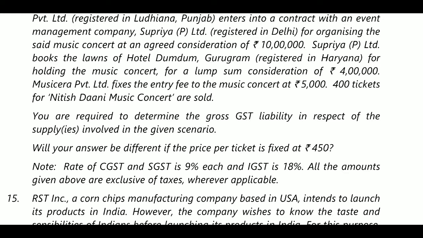So here three supplies will be taken. The first is the supply provided by Musicera Private Limited. The singer is providing to the audience and collecting 5,000 rupees per ticket, 5,000 into 400, so the singer will be chargeable on 20 lakhs at the rate of 18%. The place will be where the admission and the music concert take place.